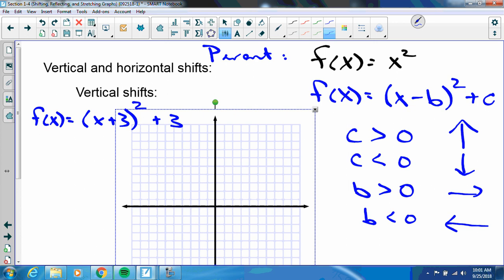What am I doing to x squared? Everybody's going to say it's going up 3 and to the right 3. Right? What is it going to the right? It's going to the left, because this is really (x minus a negative 3) squared plus 3.